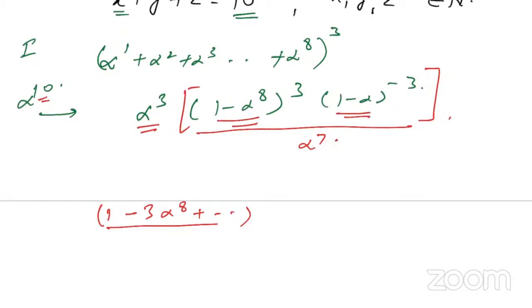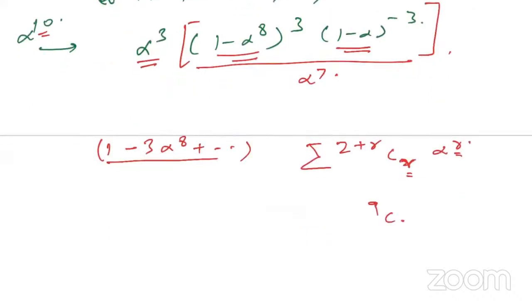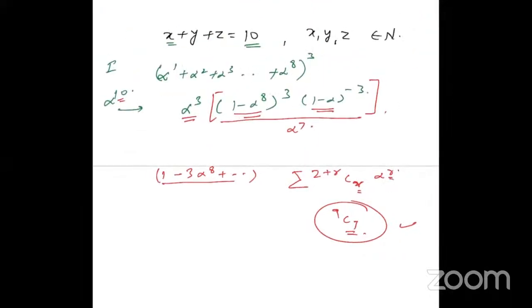And we know the formula for this is 2 plus R C 2, or C R, alpha to the power R, summation of this. What we require is alpha to the power 7, so if I put R equal to 7, this is coming as 9C7 or 9C2. This is the first method. Please note down carefully. We'll go with the second and third method also, but this is the first one that we should go for.